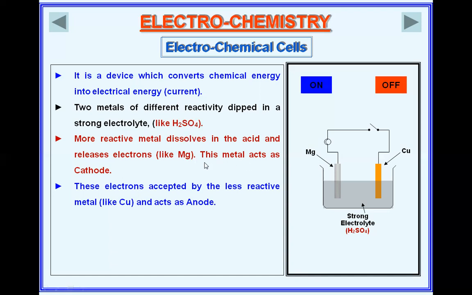So positive ions travel towards the cathode. But in the cell or battery, the reverse direction occurs. That metal which dissolves in the acid produces electrons, so it is the production of current. So it is the donor of electrons. So we can say that the metal which donates its electrons is known as the cathode in the cell.